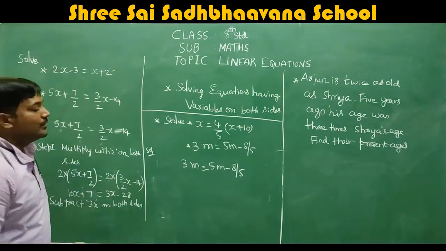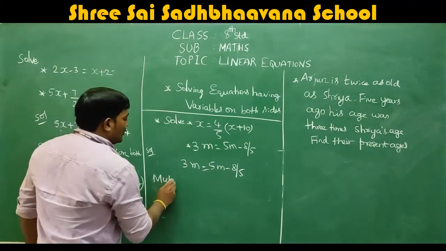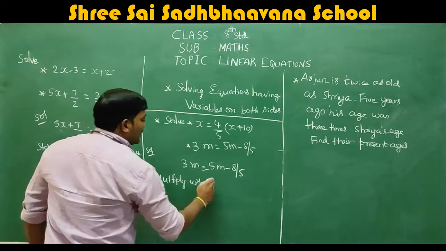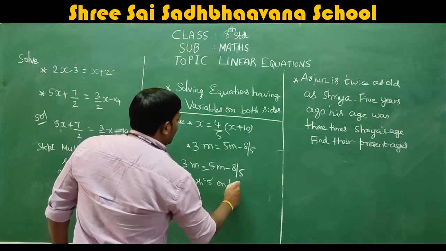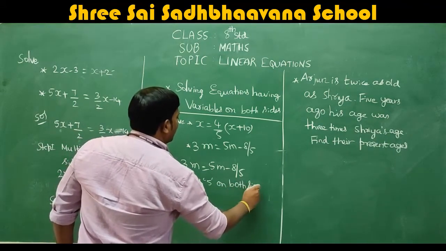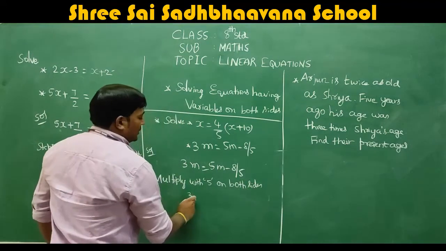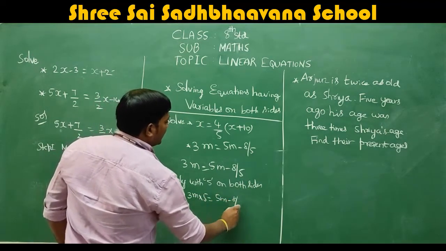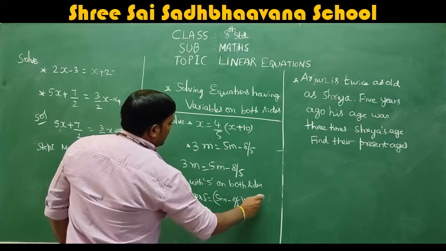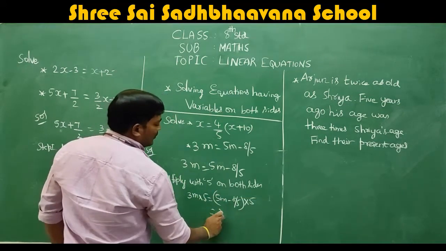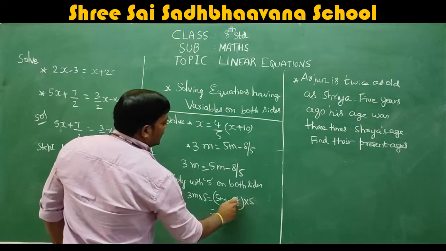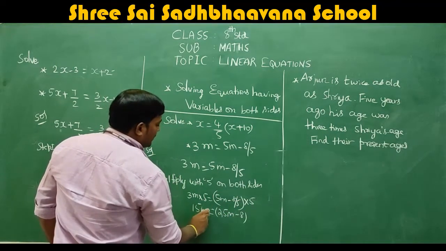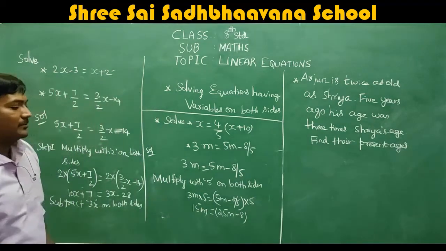So it's simple, multiply with 5 on both the sides. When you multiply with 5, what happens? 3m into 5 is equal to 5m minus 8 by 5 into 5. So what happens? 5 into 5m, 25m, and 5 into minus 8 by 5, which will give you minus 8. 5 into 3m is 15m.